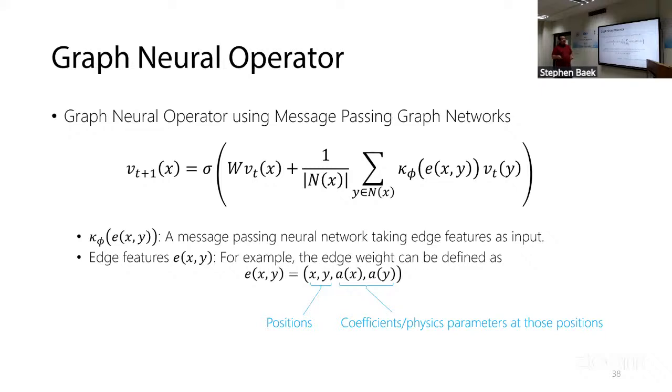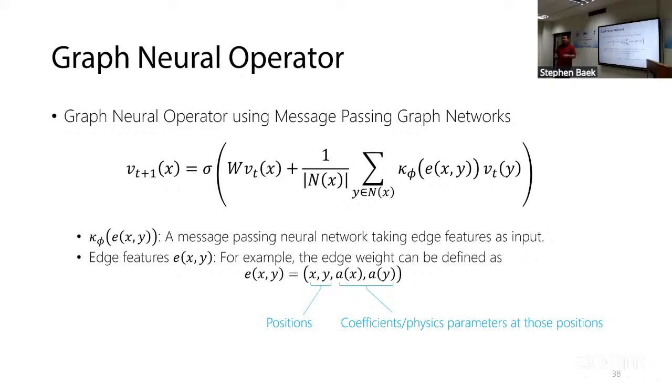But at the end of the day, assuming that you have some recipe to combine the local nodes to produce a value, essentially what we're interested in doing using a message passing network is to model this kernel function kappa.